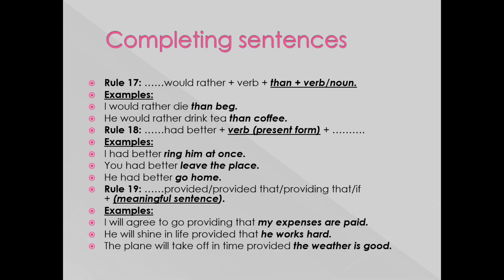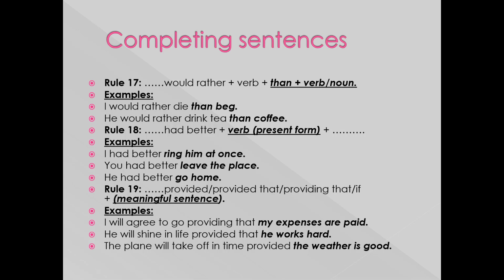So today's first rule, rule number 17, is would rather plus verb plus than plus verb or noun. First of all, we have to remember that would rather is a modal auxiliary, and this modal auxiliary is used to show our preference between two choices.